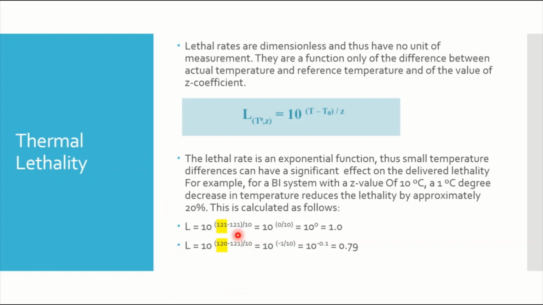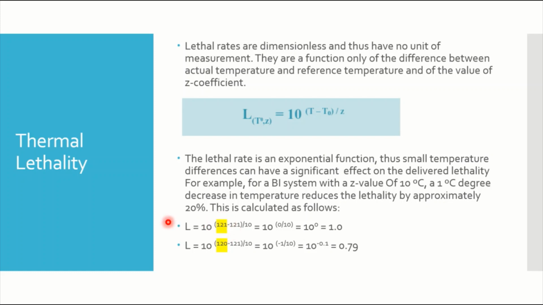Here I consider the reference temperature is 121.1 degrees, the actual temperature is 121 and the Z value is 10. Here my lethality is 1. If we reduce 1 degree from 121 to 120, as per the calculation the lethality is around 0.8. So approximately 20% of the lethality is decreased once we change the temperature here, right?